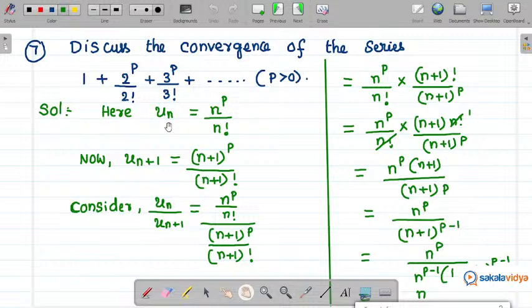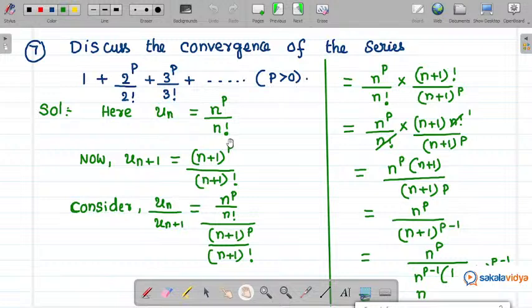So, here for the nth term we write 1, 2, 3 arithmetic progression. Obviously the nth term is n, but the power is raised to p, n to the power of p divided by n factorial, since 1 factorial, 2 factorial, 3 factorial are in the denominator. So, the nth term of the given series is un equal to n to the power of p by n factorial.